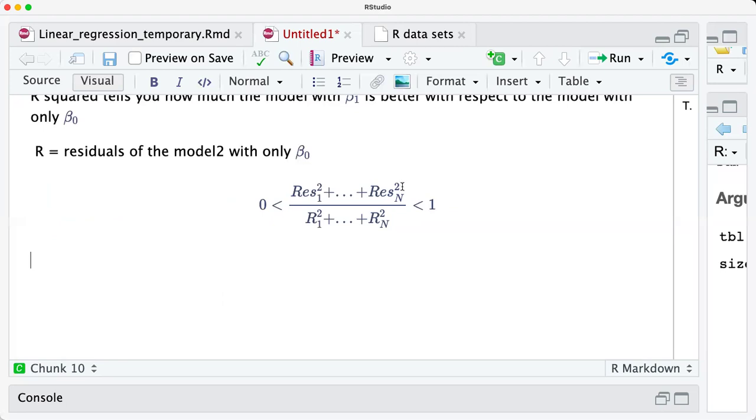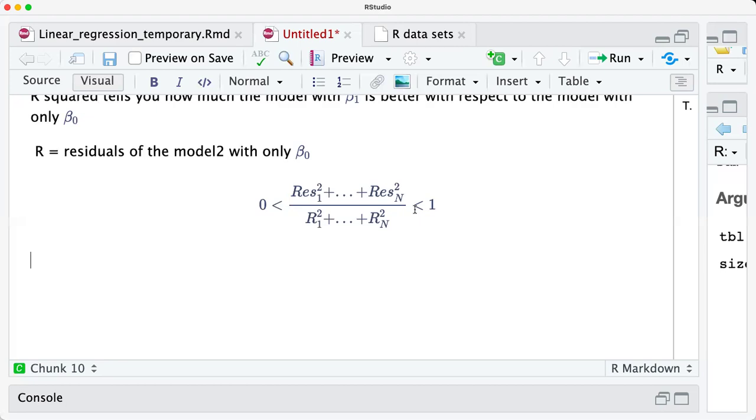And when will it be closer to 1? When the model with beta 1 is more similar to the model without.